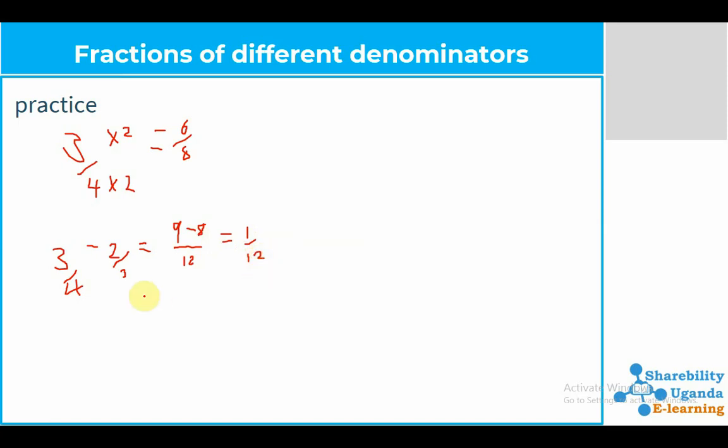So this is similar if we use the LCM. The LCM is equal to 12, since 4 times 3 is 12. That means here we have 3 out of 4 minus 2 out of 3, and we get our LCM as 12.